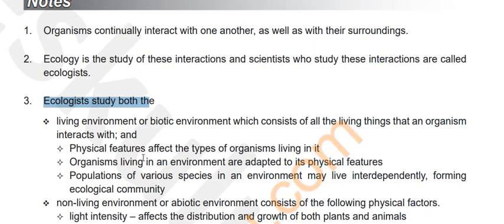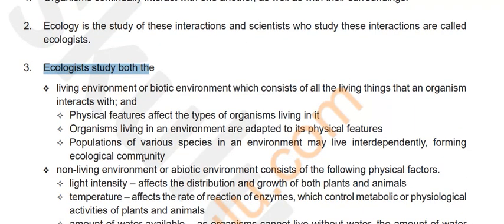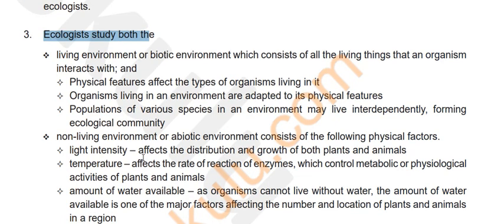We have species such as insects, rats, lizards, different species, and they make up populations. The populations together are known as an ecological community, which is made of different kinds of organisms.